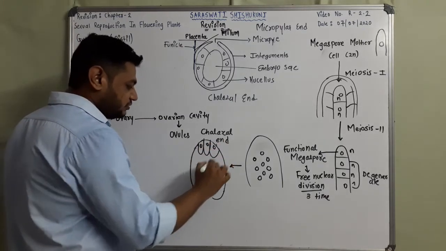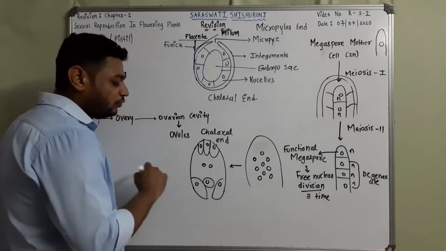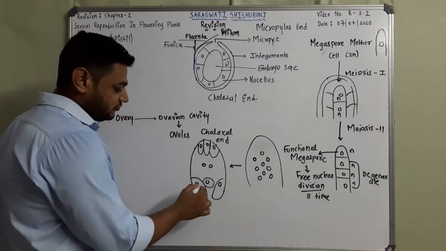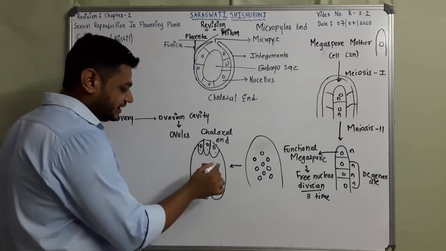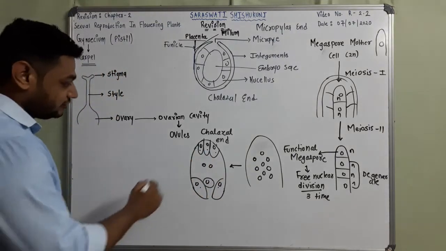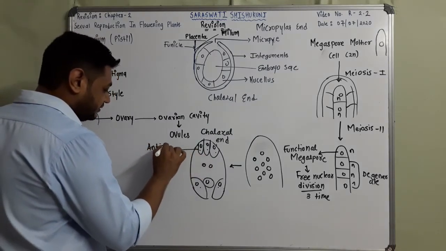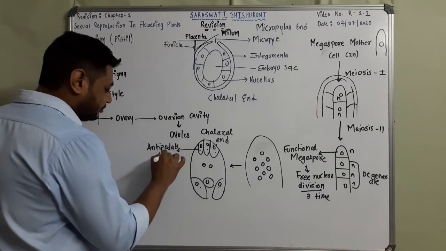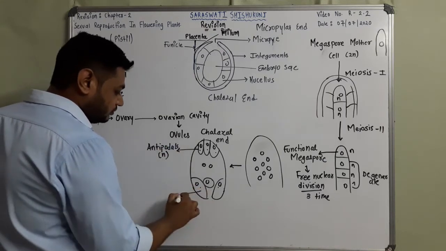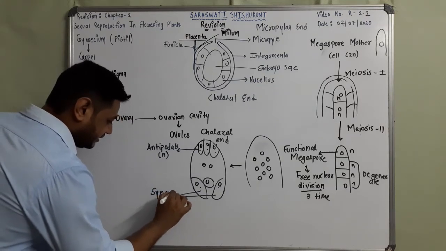Now this undergoes cell division to form how many cells? See, this is 1, 2, 3, 4, 5, 6, and this is the last cell, that is referred to as the central cell. So these are referred to as antipodals, that are haploid. These 2 are referred to as synergids, right?